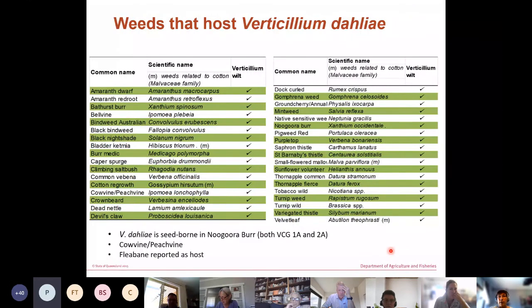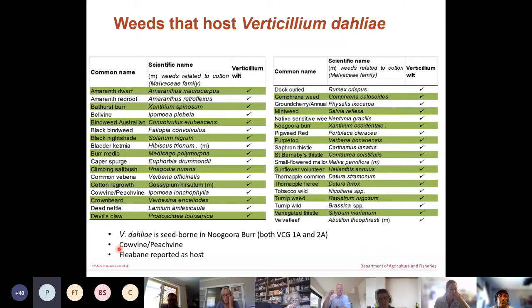The other thing is weed hosts. There are many, many weed hosts for Verticillium dahliae. Karen's been working on Noogoora burr and isolated the different VCGs. This is something that must be managed in the field. If it's there, it really has potential to spread the pathogen around.